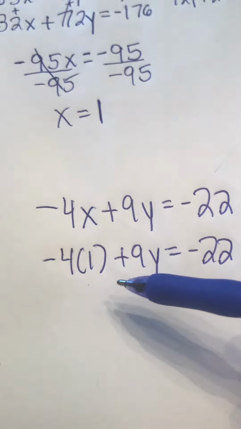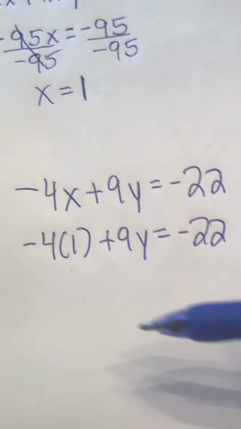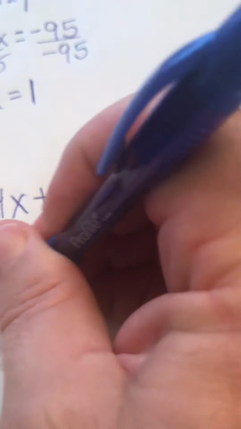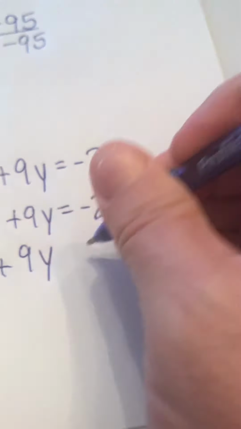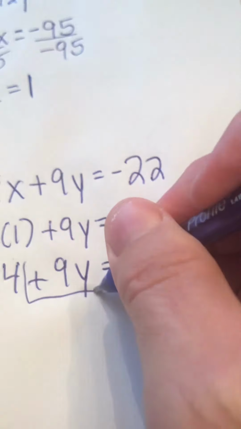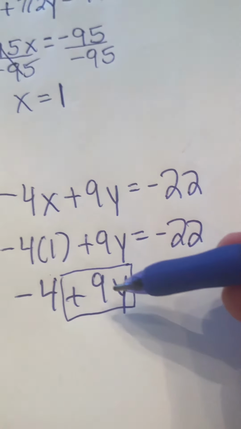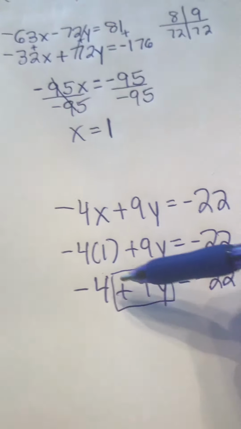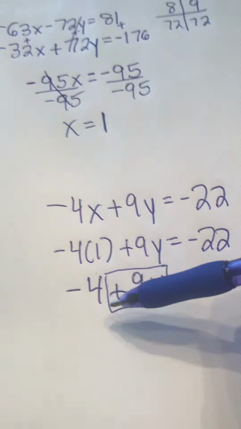Okay, and then we are going to solve for y. So negative 4 times 1, negative 4, plus 9y equals negative 22. Go ahead and box in this sign in front so we don't get that confused with the negative. So how do I get rid of a negative 4? Well, the inverse operation is plus 4.